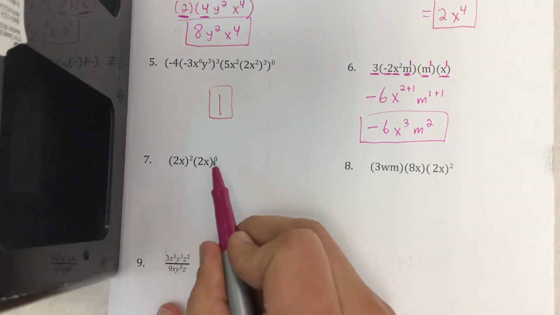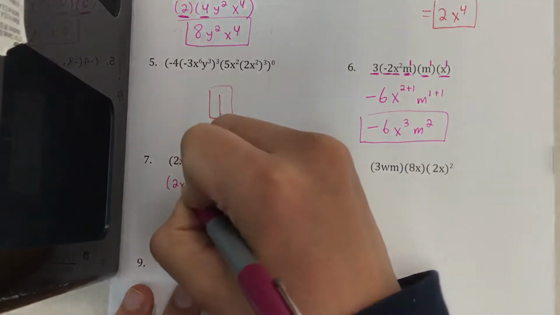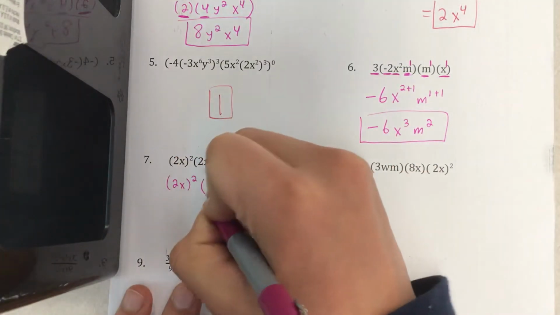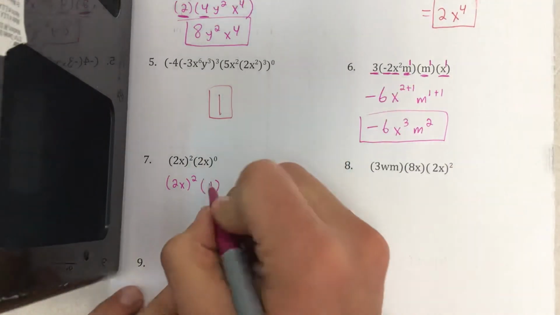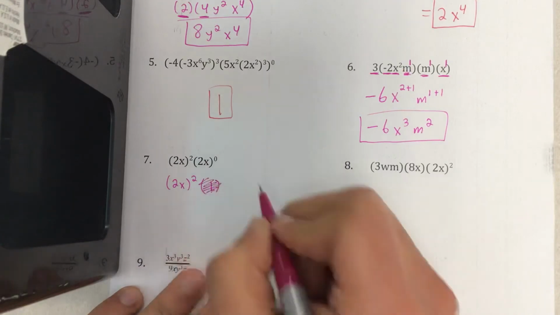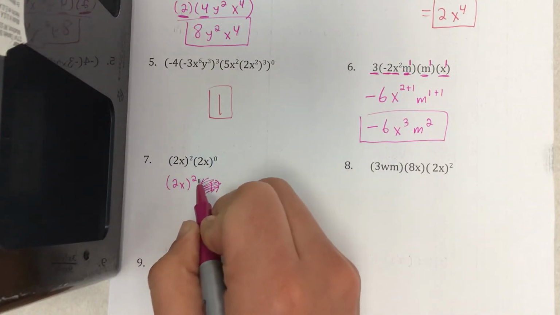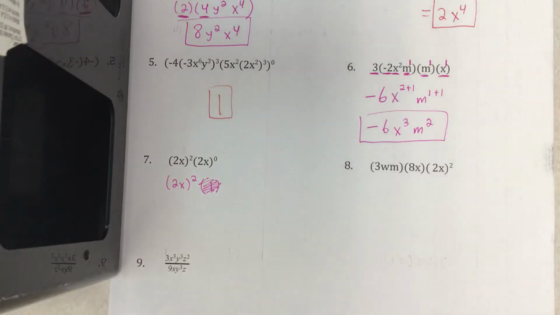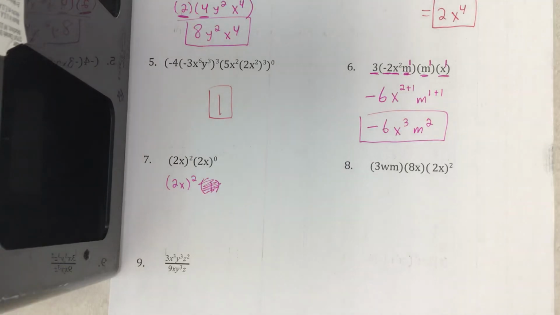So what this 0 means for this is that I'm still gonna have 2x squared, but all of this is gonna be times 1, okay? So basically what that means is this kind of cancels out. So all I have to simplify is 2x squared, okay? That's all I have to solve, because this turns into 1, so it kind of cancels itself out, okay?